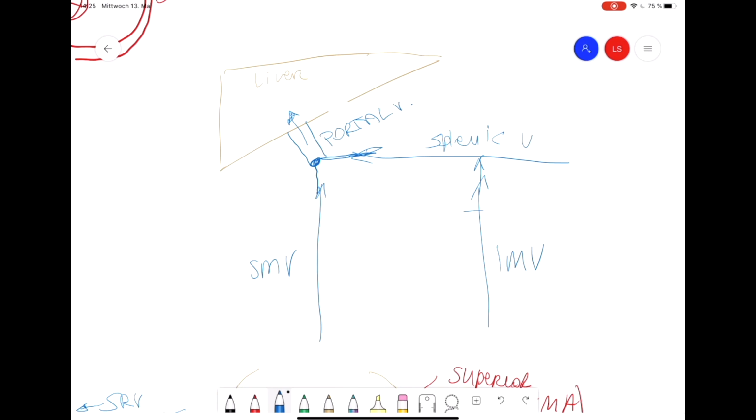And then from the liver, this blood, which is now without metabolites, will reach the inferior vena cava via these hepatic veins. So there are 3 hepatic veins which drain the blood from the liver into the inferior vena cava, so hepatic veins.